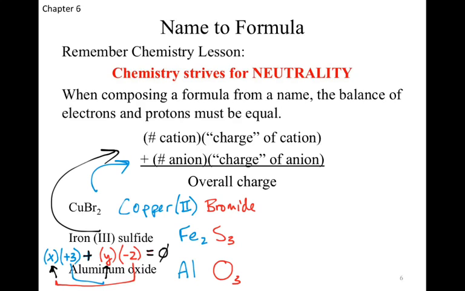So we would get 3 for our Y, which we said was our number of oxygens, and we would get 2 for our aluminum, which is what we said was our number of aluminum atoms, or our X value. Okay? And if we want to accent that crossover a little bit more, we could do it in this fashion.